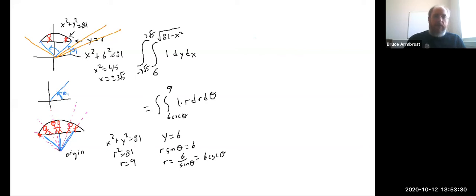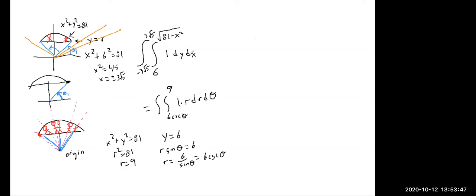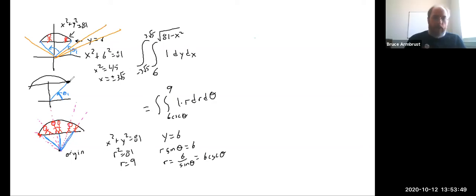Now we need to figure that out, and the way we're going to do it is we're going to use the point out here that's on our circle, and let's think about what we know about it. What can you tell me about that? We could tell you that y equals 6. Okay, cool. We know y equals 6.